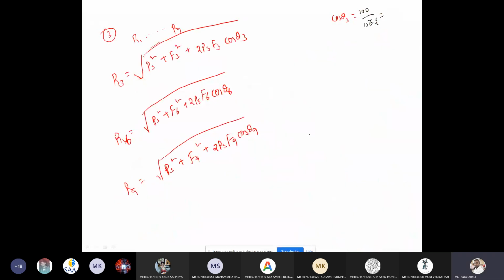So I am writing here R3 equals the square root of 5000 square plus 2407.17 square plus 2 into 5000 into 2407.17 into cos theta 3, that is 100 by 156.2. Now tell me what is the R3 value. Do it first.